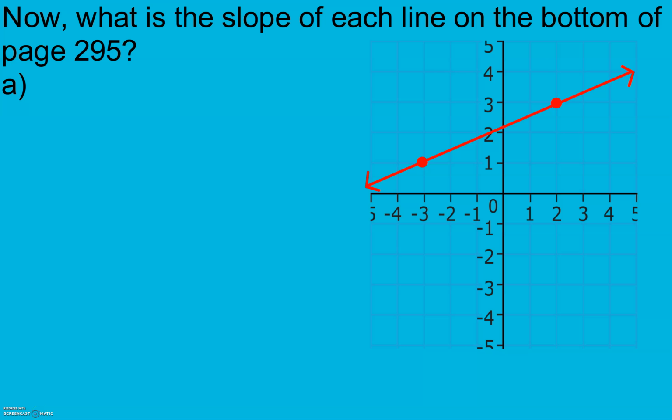Now give this a try. What is the slope of each line at the bottom of page 295, which I have here? So again, slope is rise over run. So here, rise deals with my y's, run deals with my x's.